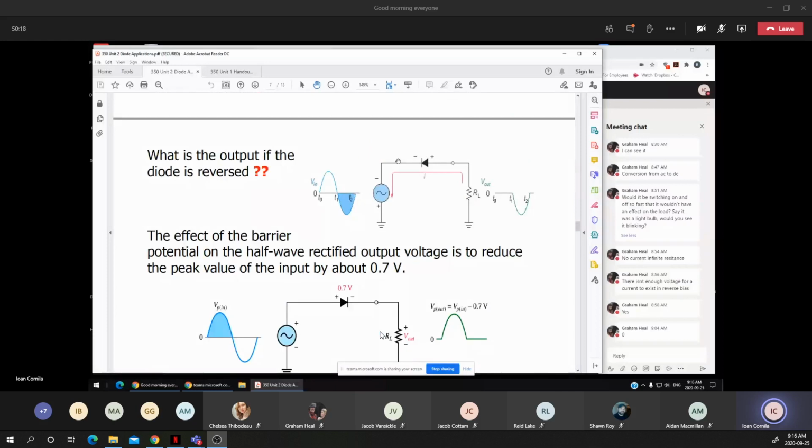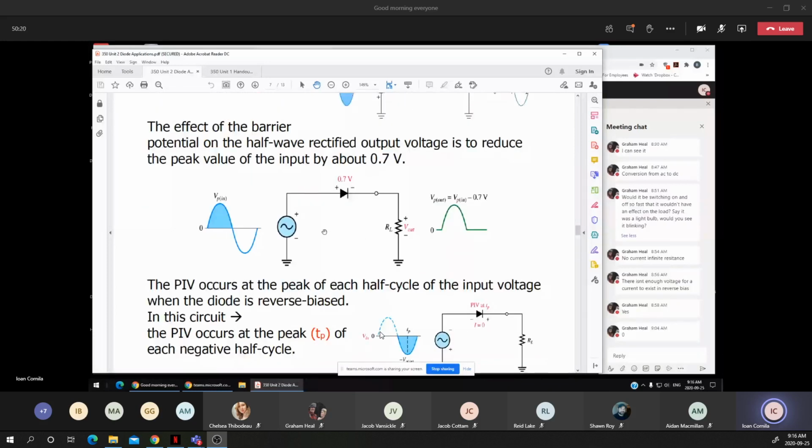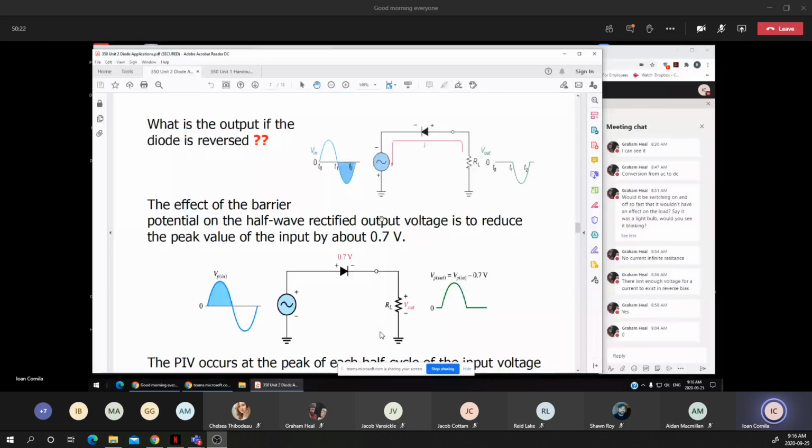Most of the time you will see one of the two circuits. I may give you a circuit that has the diode connected in this way, or connected the other way, the reverse way.